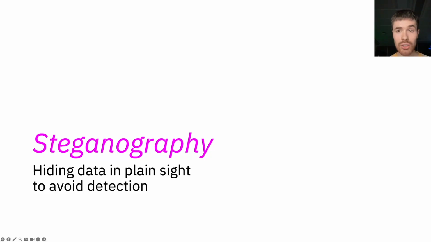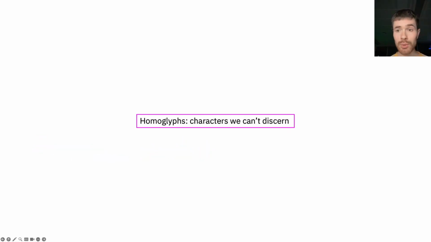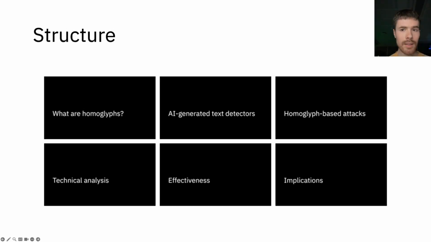Just using homoglyphs to put information that people can't see inside the text. Very interesting area. But the idea that we just need to remember for this presentation is that homoglyphs are characters that we can't discern, at least at plain sight.